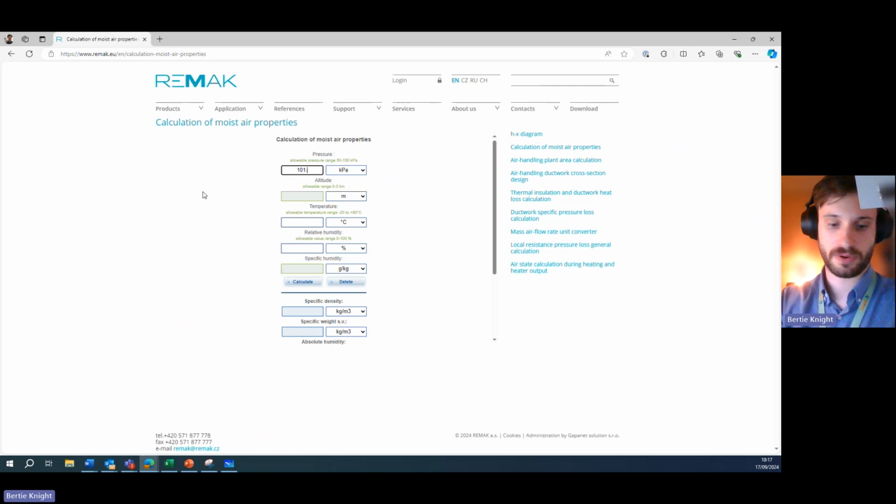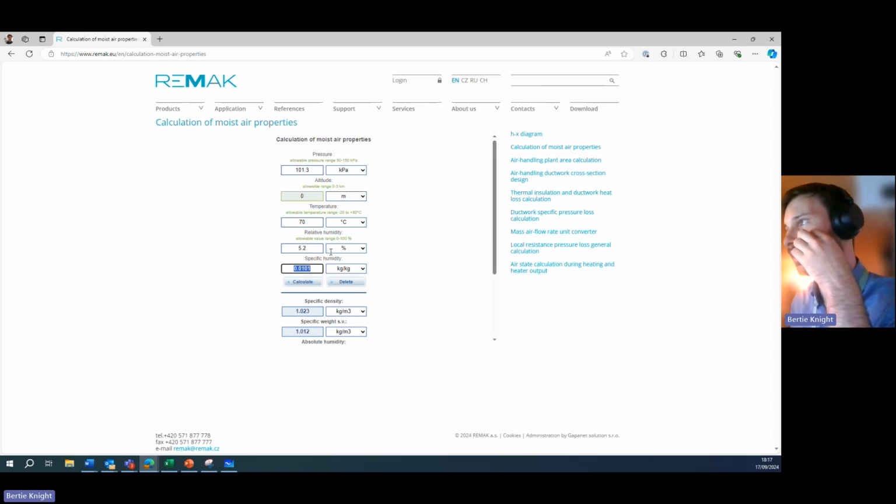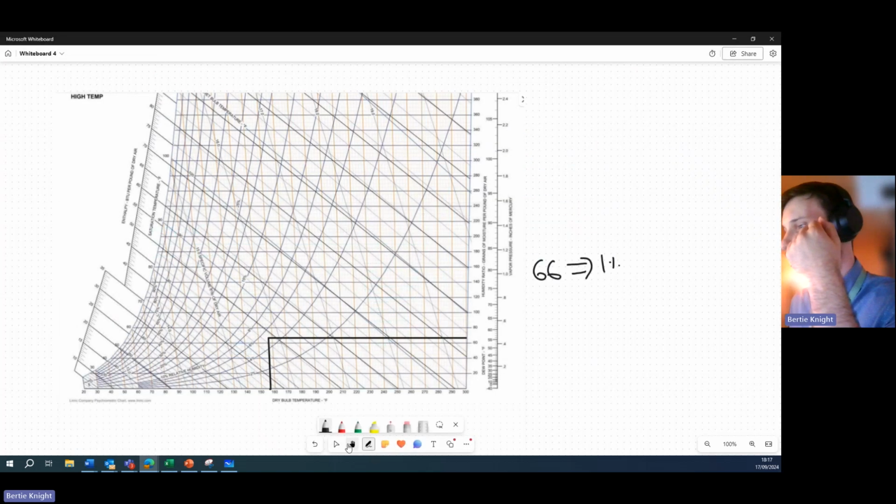Very simple stuff. We can just input our atmospheric pressure, 101.325 kilopascals, our temperature, which is 70 degrees C, and our relative humidity, which is 5.2%. I probably prefer kilogram per kilogram, right? I calculate it and I found that it's 1.01%. Let's just call it 1%. So our humidity ratio, often described as uppercase Y, is 1%.